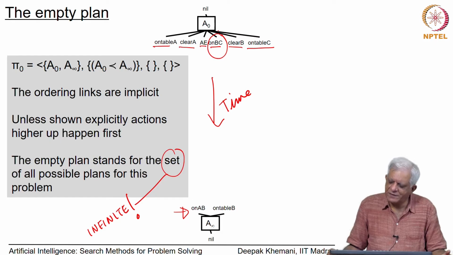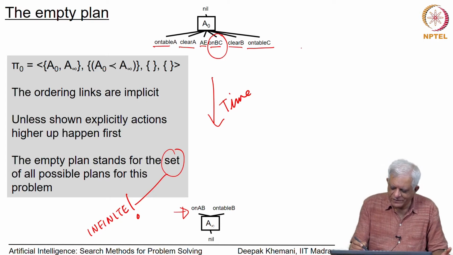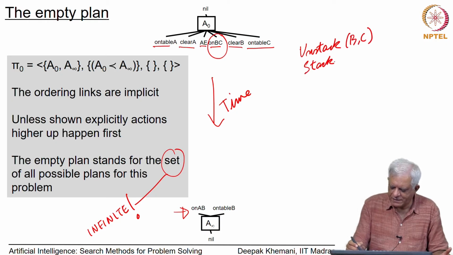So, you can say unstack B from C, then you can change your mind and say stack B onto C, then you can again say unstack B from C, and again you can change your mind and say stack it onto C. So, we can have a sequence of plans that unstack B from C, then stack it back, nothing is stopping us from doing that, then again unstack B from C and again stack it back, and so on.